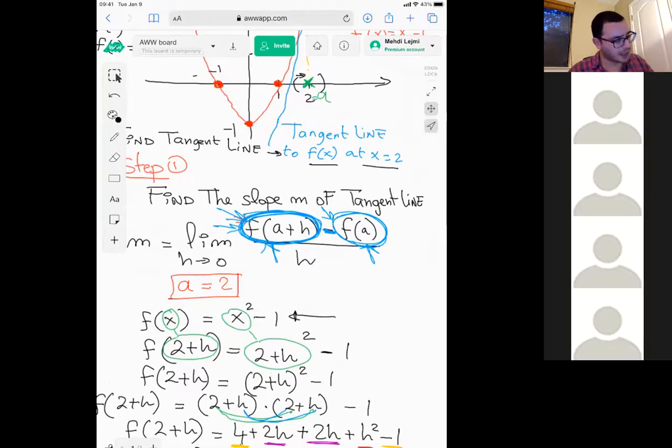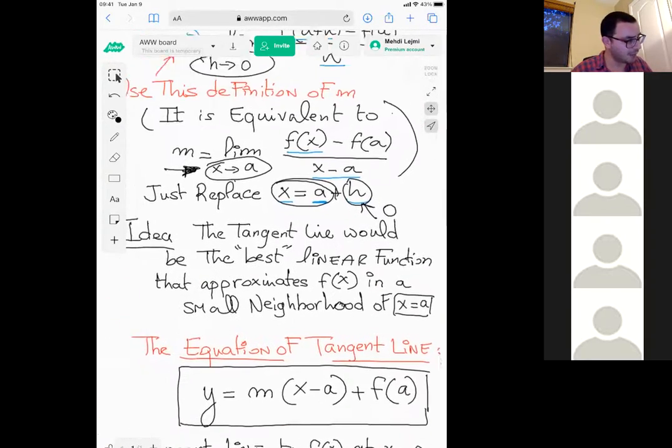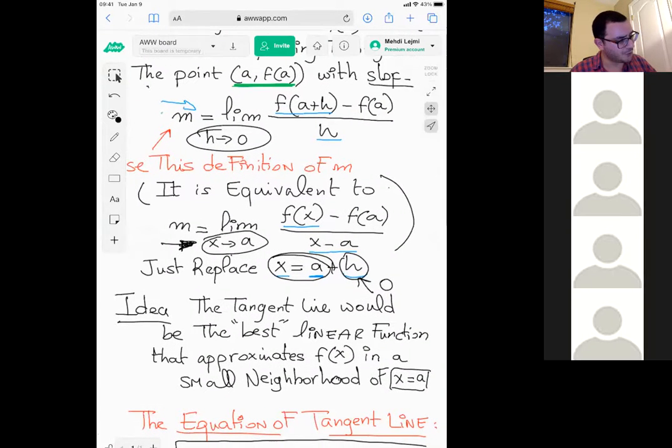As I said, we have two equivalent definitions of this slope m: the first with h going to 0, or an equivalent definition with x going to a. But in practice, it's better to use the one with h going to 0. It's easier, I think. But anyway, both are the same.